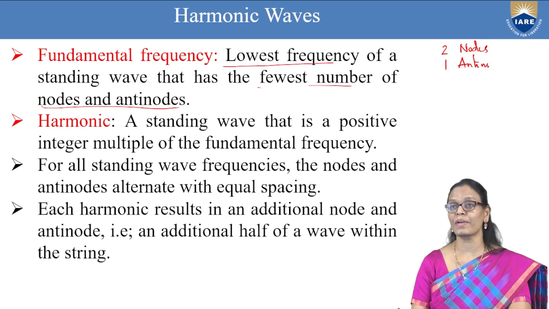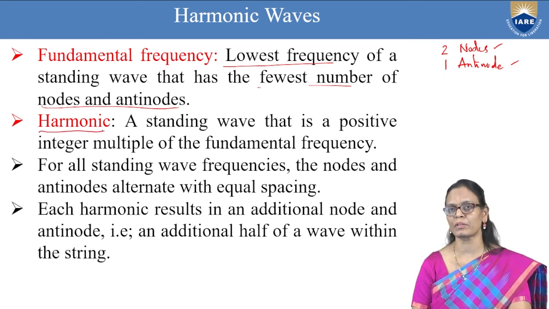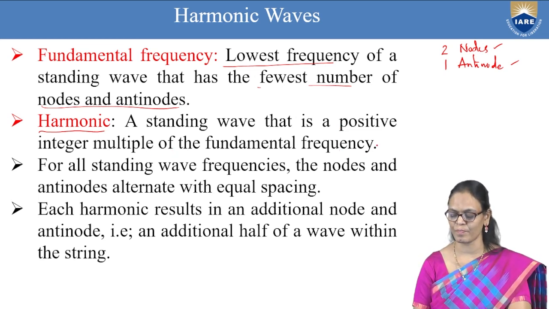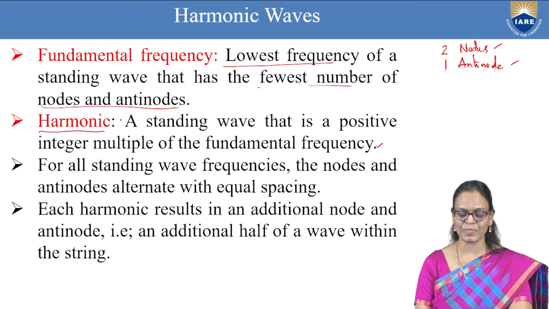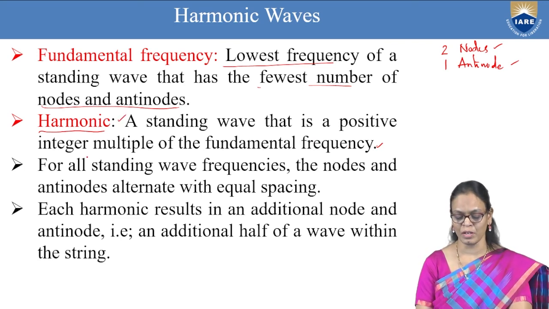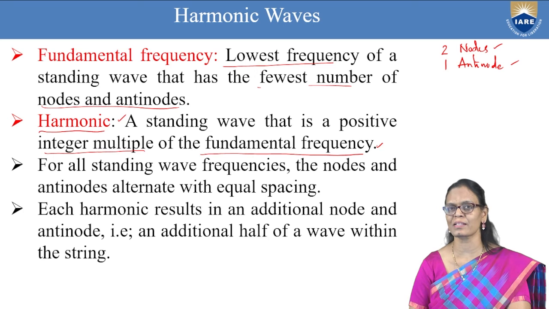As I told you, always we have a node at the fixed end. Now a harmonic, when we are talking about a standing wave, is a positive integer multiple of the fundamental frequency. So harmonics are always integral multiples of the fundamental frequency. That is what we are going to understand in the next slide.